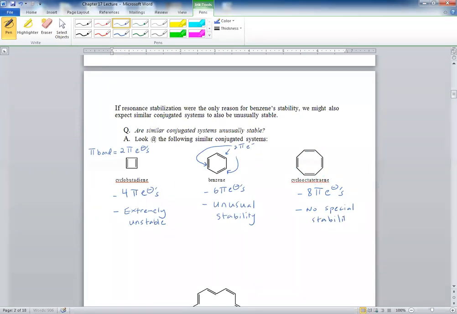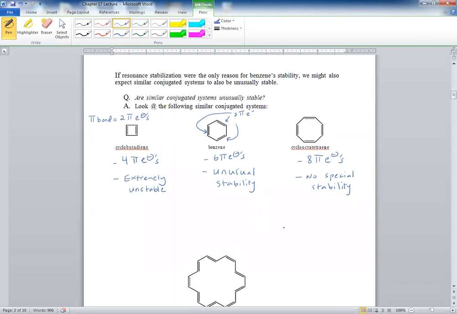Worth mentioning, it reacts normally. So there must be something going on other than resonance. They all have resonance. Resonance, resonance, and resonance.